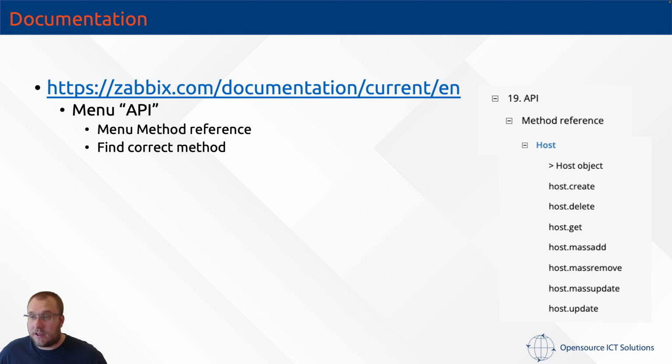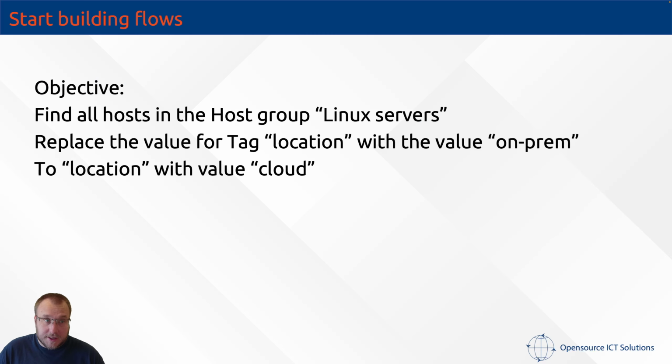What is also essential, in my perspective once again, is that you start building a flow where you know the objective, and from there you think how to get there. So the objective, and I'm going to build this one as well: find all hosts in the host group Linux servers, then replace the tag location with value on-prem with location with value cloud.